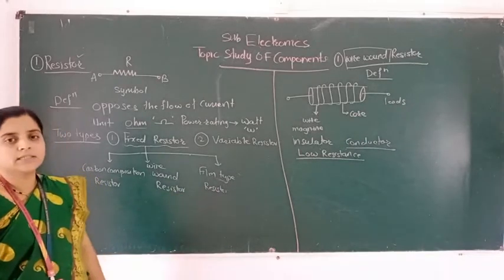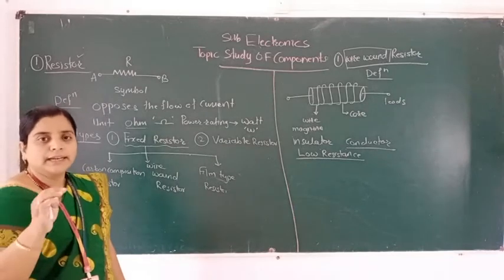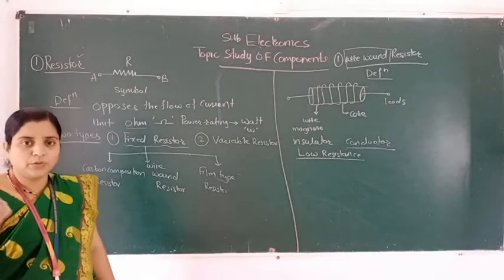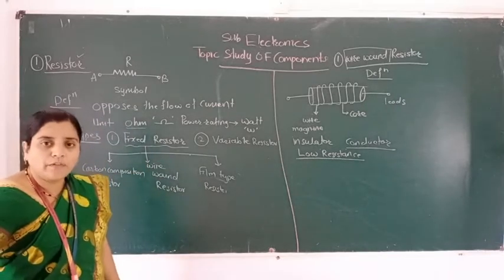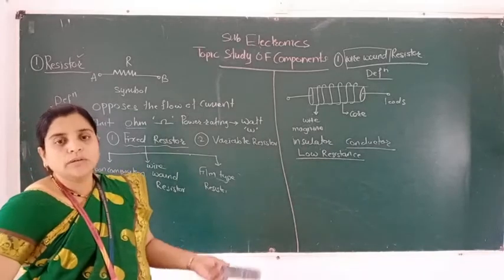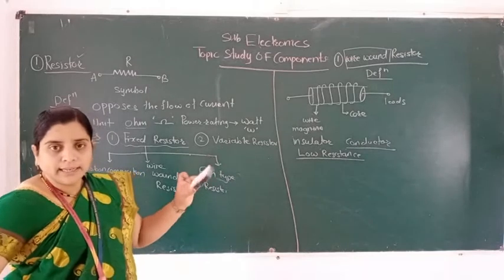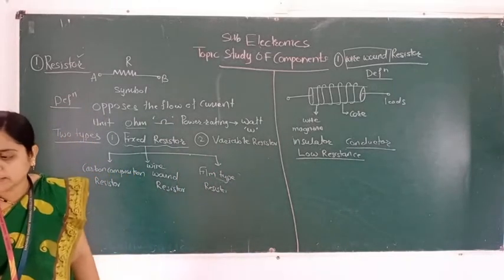Low resistance means its resistance is low, it does not oppose the flow of current in a large amount. That was the definition of resistor. It opposes the flow of current. So if low resistance is there, then there will be less opposition to the flow of current.